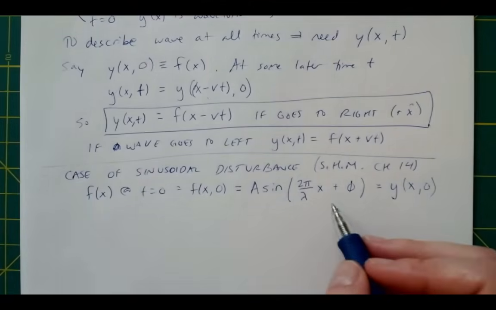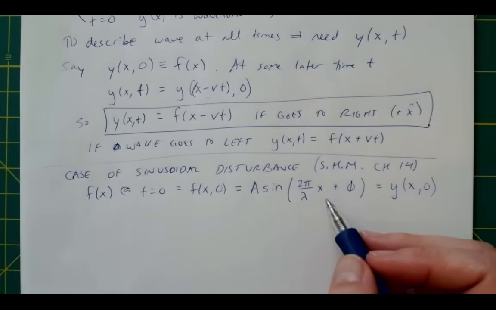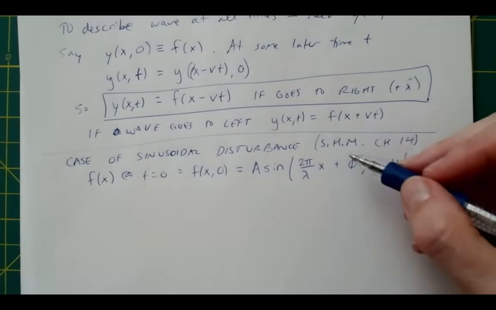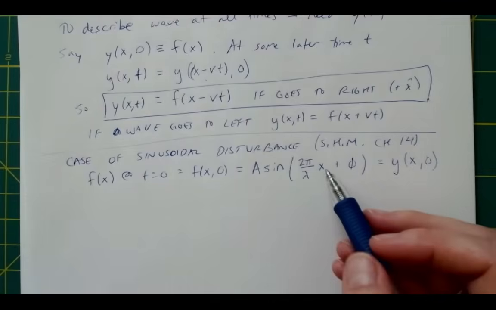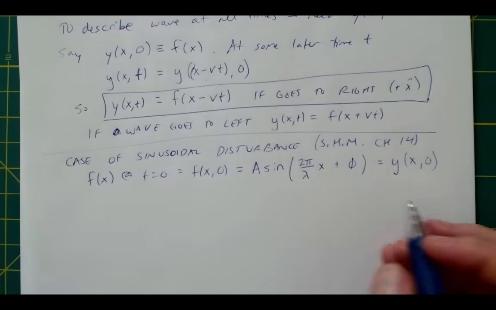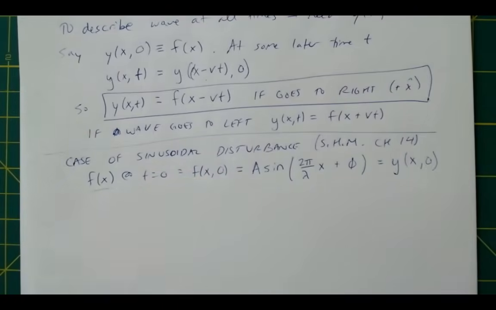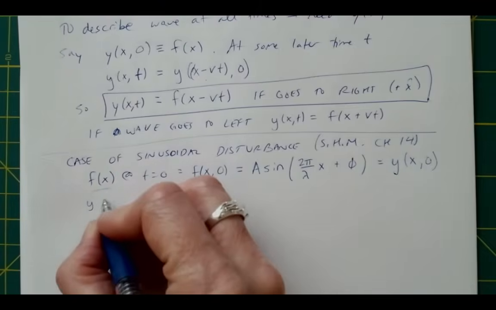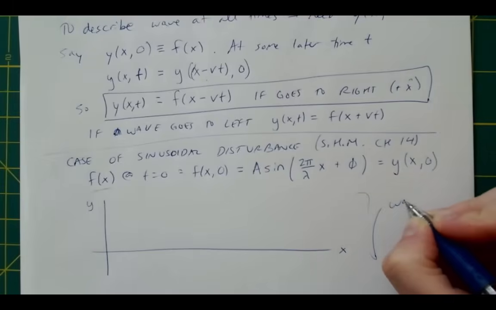So now, note that this is different than what we did in chapter 14, where we were looking at a single particle that was oscillating up and down, and we talked about that oscillation as a function of time. This is now coming up with the waveform of this graph. So again, this is a plot of y as a function of x. So this is the waveform.